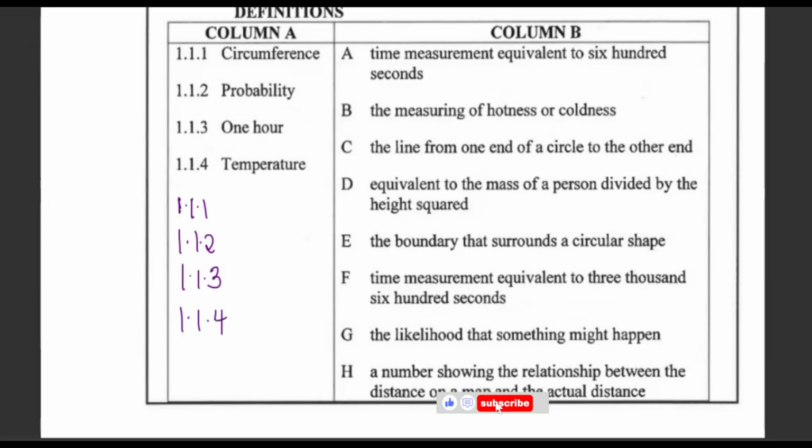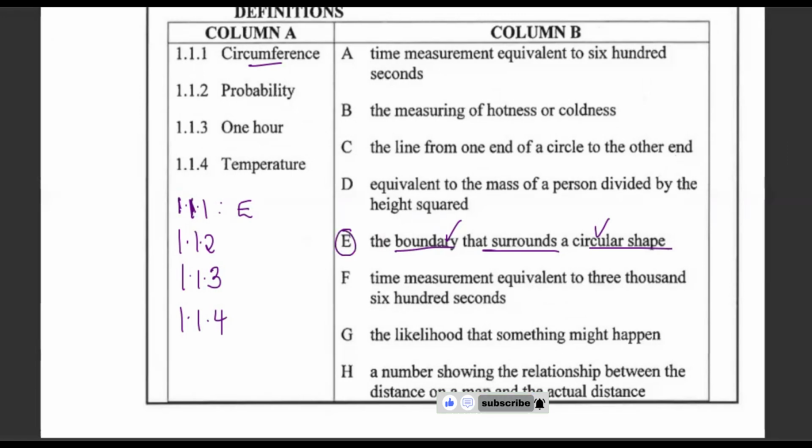1.1.1, we are looking for the best definition for circumference. Circumference is around a circle, so a boundary that surrounds a circular shape. So our first answer there is going to be E. Why? I'm looking at a boundary, and indeed it's circumference.